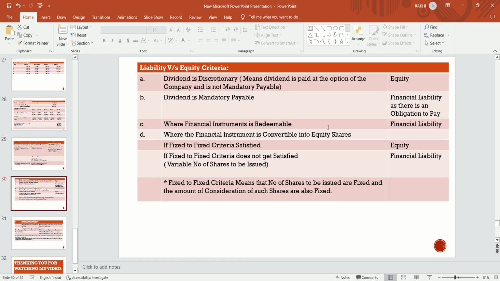Fixed-to-fixed criteria means the number of shares to be issued is fixed and the amount of consideration for such shares is also fixed. If they are satisfied, then it will be treated as equity in the books of the issuer, and if not, then as a financial liability in the books of the issuer.